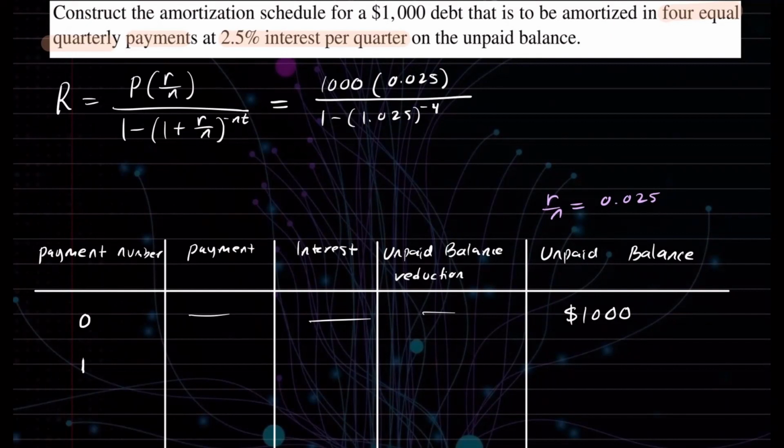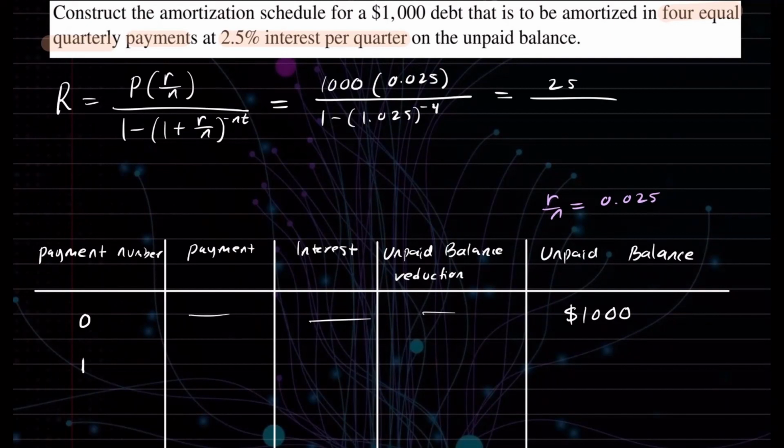So you'll have 1,000 times 0.025. This is going to give you $25 over 1 minus 1.025 to the power of negative 4. That's 0.90595, and I'm going to do 1 minus that.